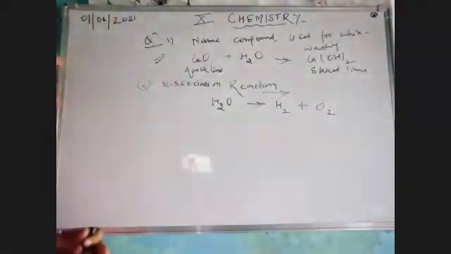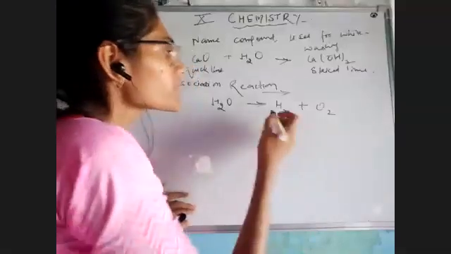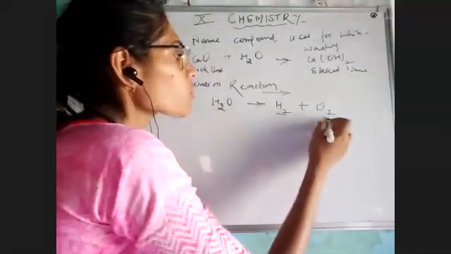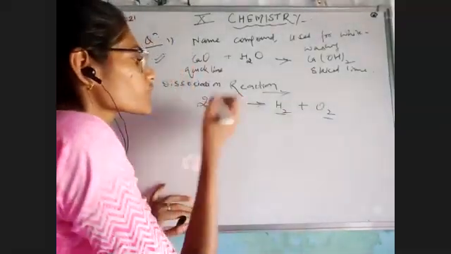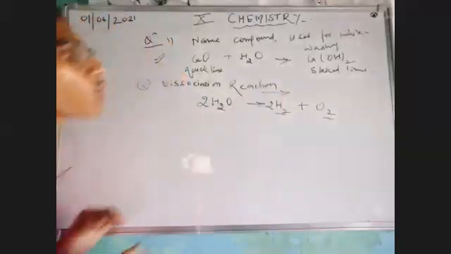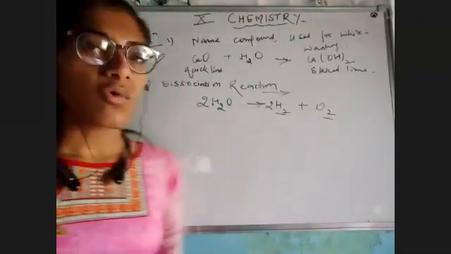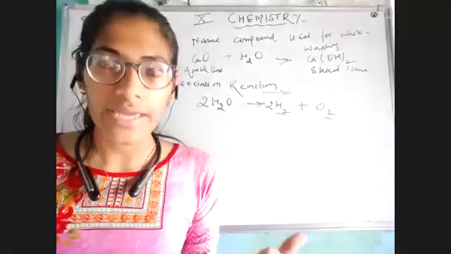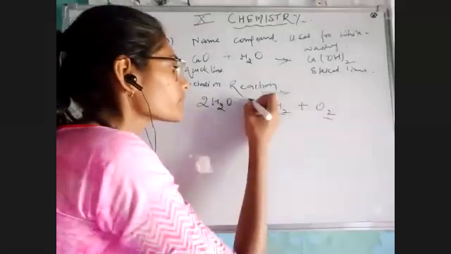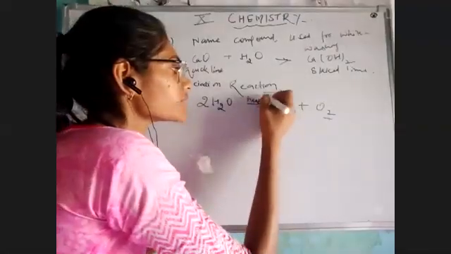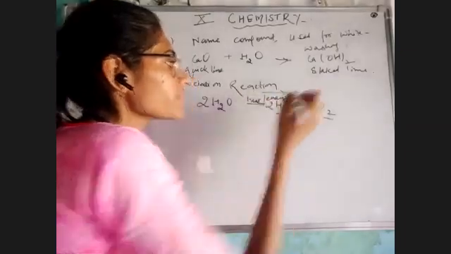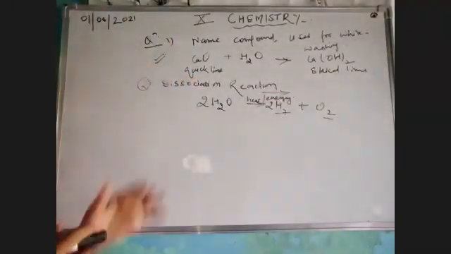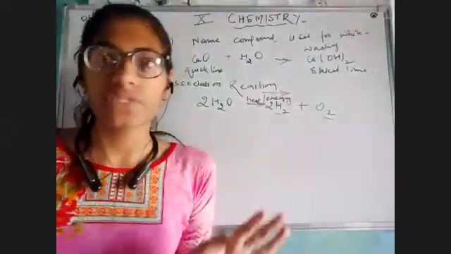For balancing the reaction, hydrogen is 2 but oxygen is in less quantity, so we write 2H2O giving 2H2 plus O2. Moreover, since this is a dissociation reaction, we need some heat or energy to dissociate it.